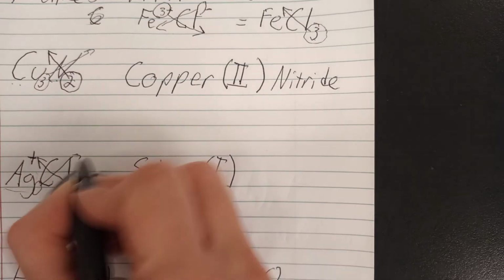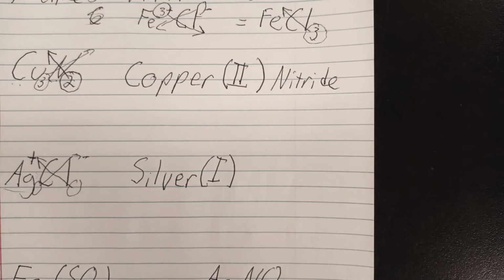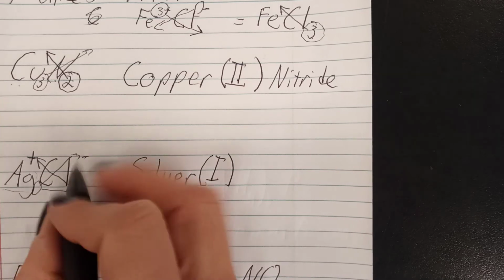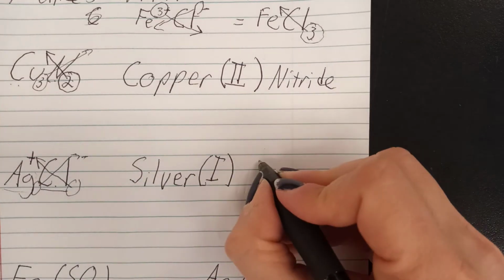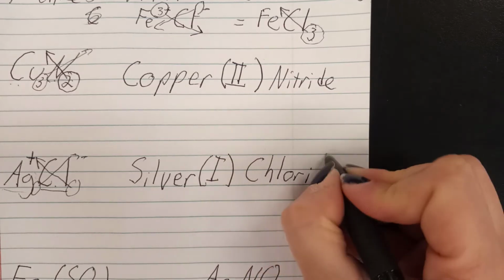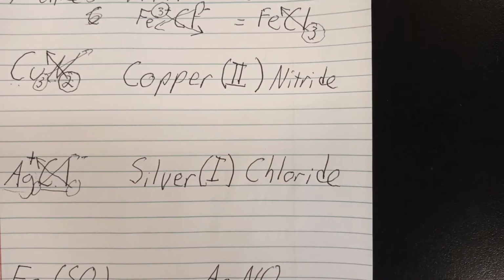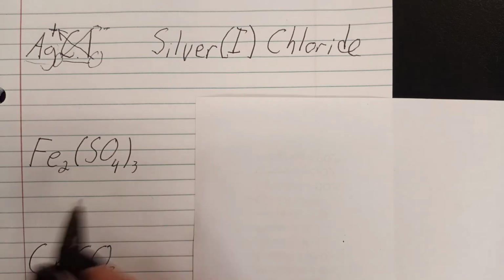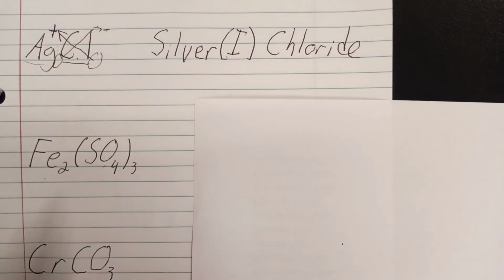Was this originally just a negative number? It was indeed. Again, an element with nothing after it means that I'm going to end this word in IDE, so we call it chloride. Okay, but what if I've got polyatomic ions?